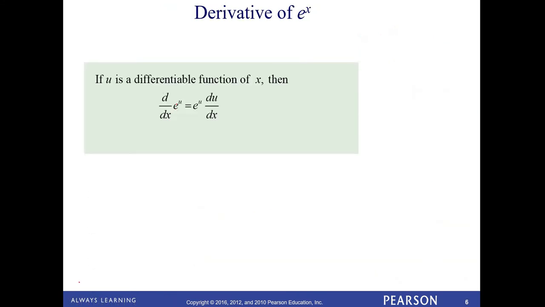The derivative of e to any function equals e to that function itself times the derivative of the function, that's our chain rule. So if y equals e to the x, then y prime is also e to the x. If y equals e to the x squared, then y prime is e to the x squared times 2x.